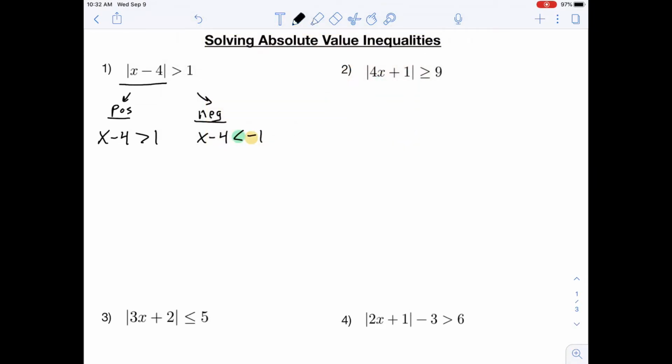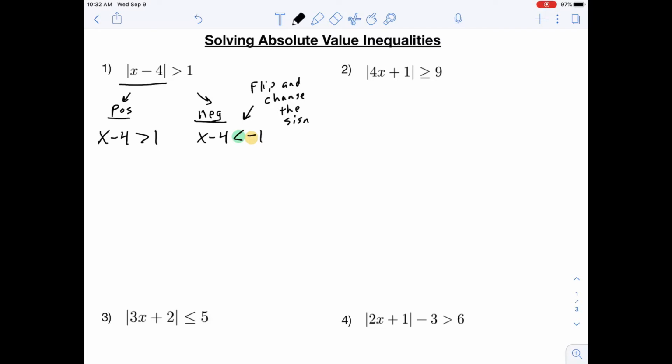This was a greater than, and then it went to a less than, and it was a positive 1 in the original, and now it's a negative 1. So put a little note for this side: when you're doing a negative case, you want to flip the inequality and change the sign.